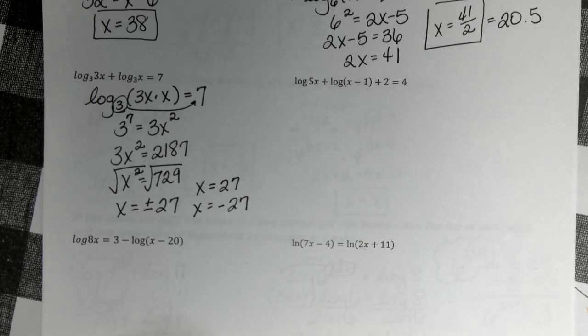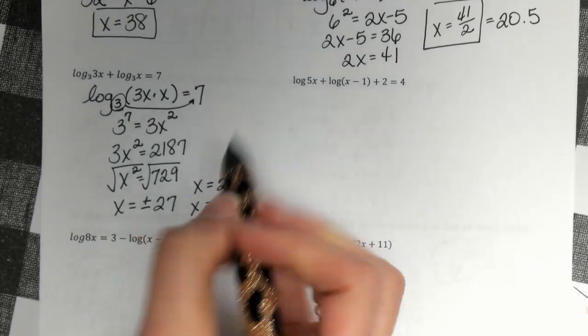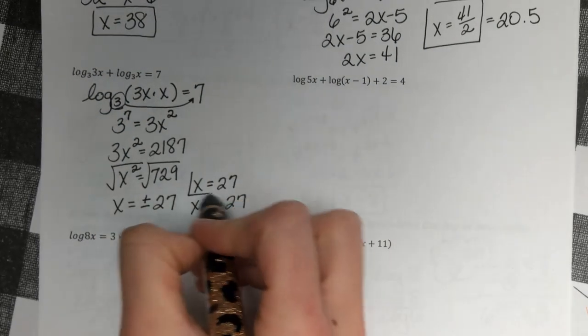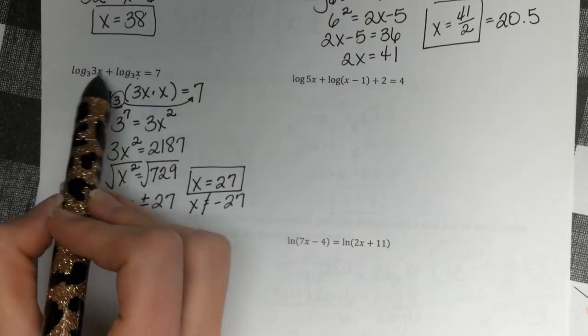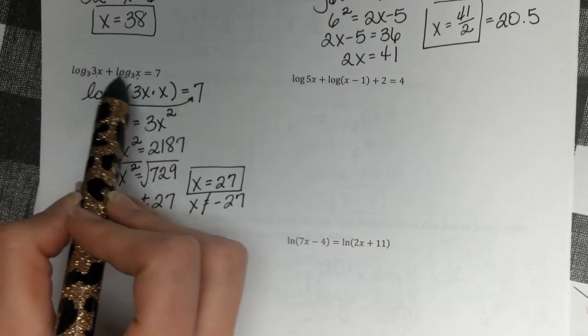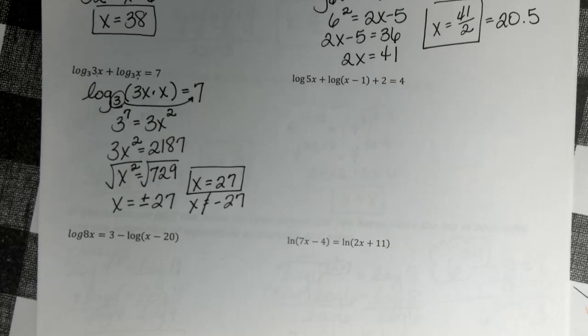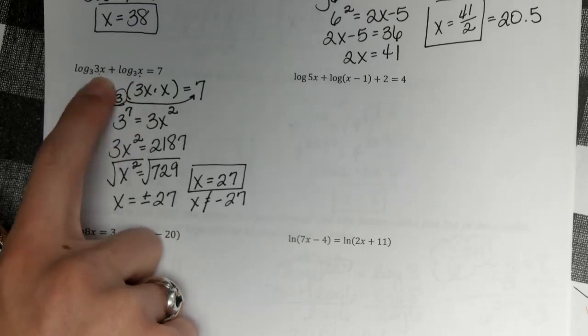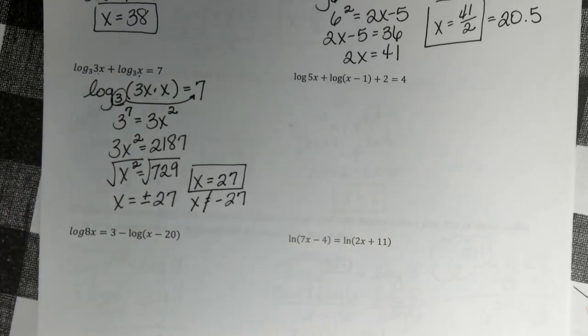Are they both my answer? No, I cannot have the negative 27 because it ends up taking the log of a negative when I plug it into either one of these. Not necessarily is it automatically not my answer because it's negative, because if I had a negative somewhere here, it would have ended up positive. So you have to be careful. Just plug it back in.